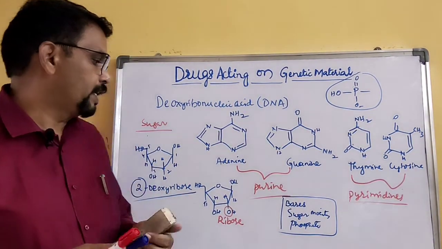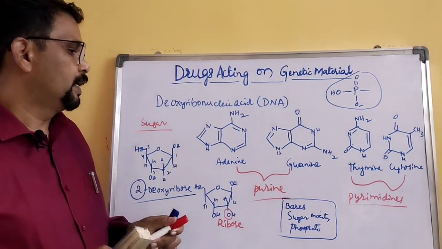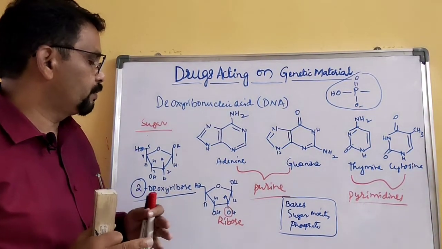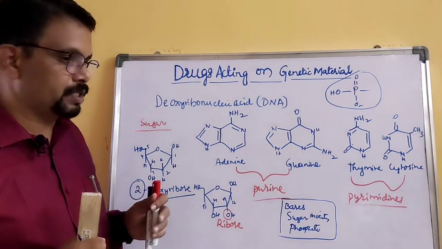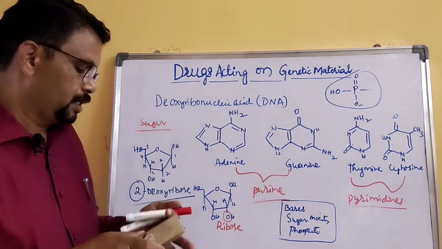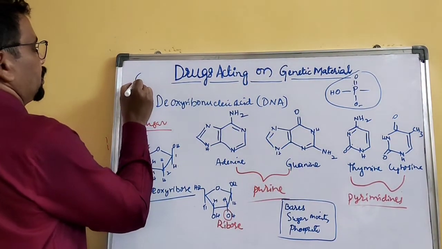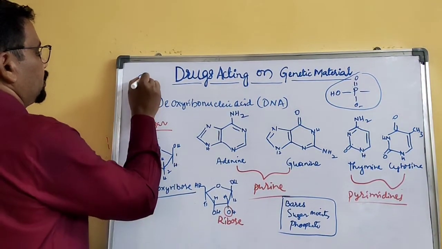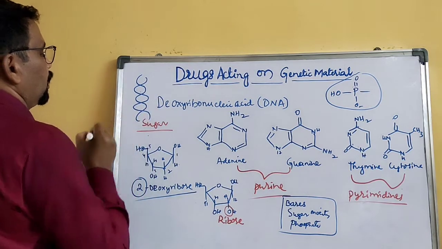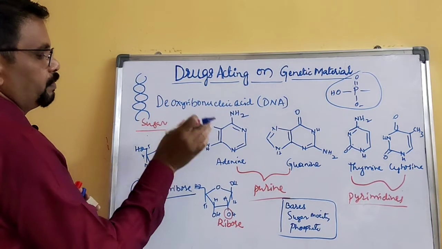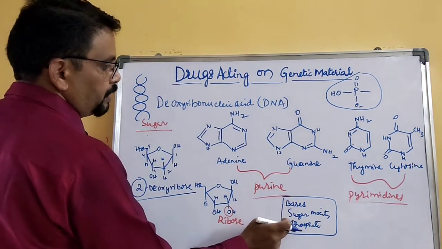If you would like to understand the chemical structure of DNA, it is a double helical structure like this. Each chain is composed of bases, sugar moiety and phosphate.